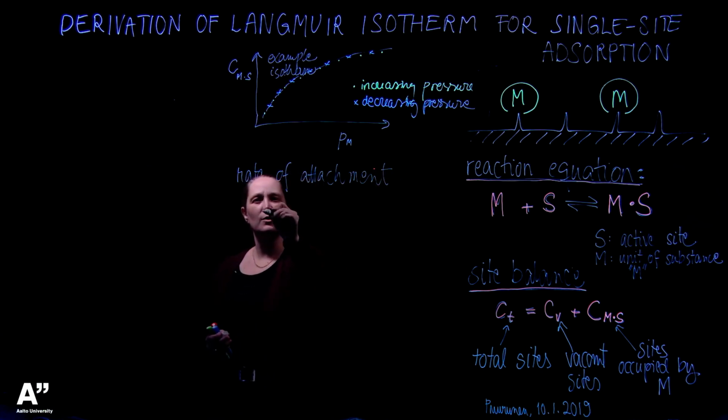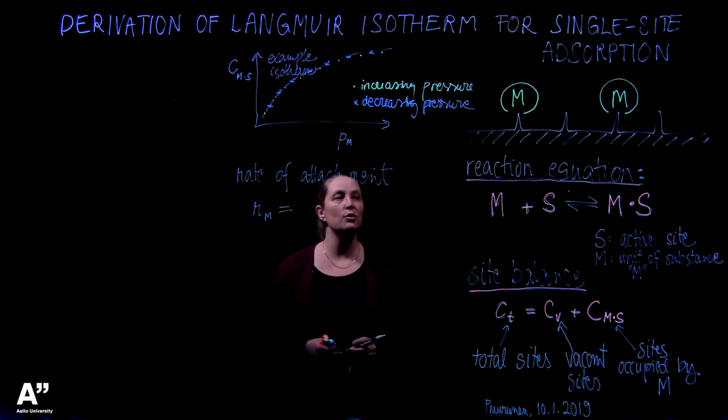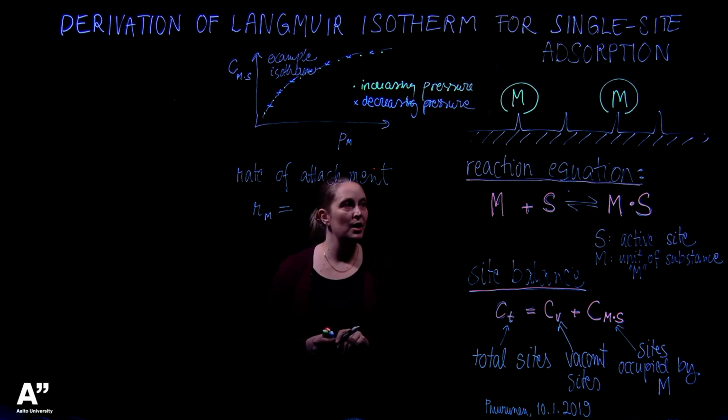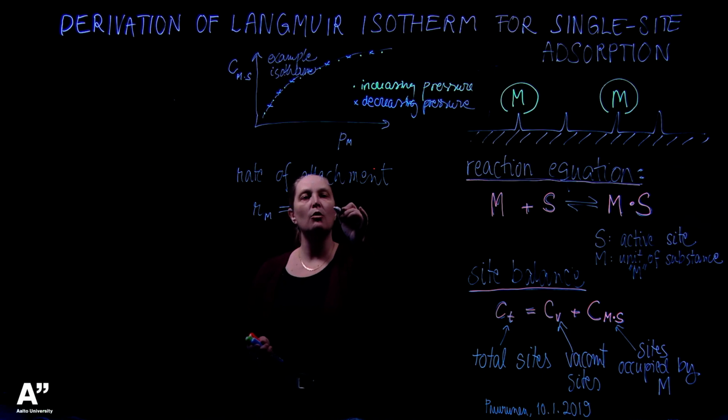Rate of attachment, we will call it r, small r, rate of attachment of substance M. When we are considering this reaction, we can assume in the Langmuir adsorption model that these are elementary reactions. It means that the rate of reaction or rate of adsorption is dependent on the frequency of collisions between gas phase and the surface, and that is proportional to the partial pressure of the substance.